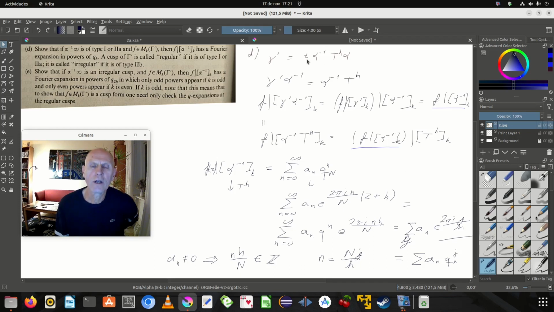But if k is odd, we should have a change. If k is odd and h is odd, then we should have a change of sign. No, let's just check the first page here.